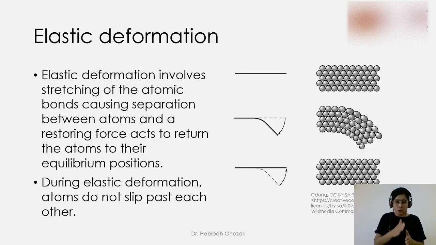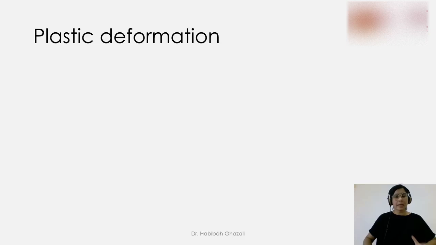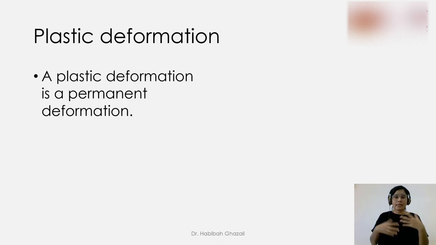When they start to slip past each other, it is what we call plastic deformation, and now they can change their shape. Because plastic deformation involves the slip of the atoms, atoms now are not in their original position anymore. So this is a permanent deformation.